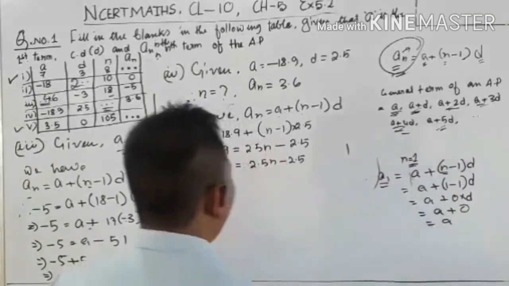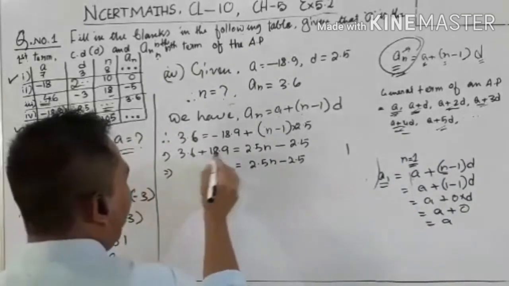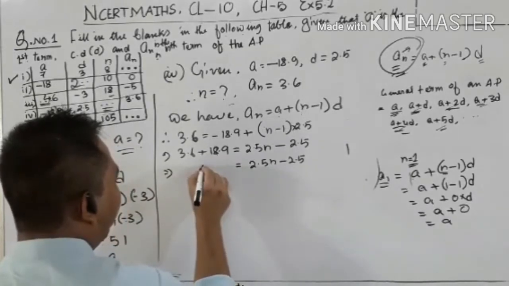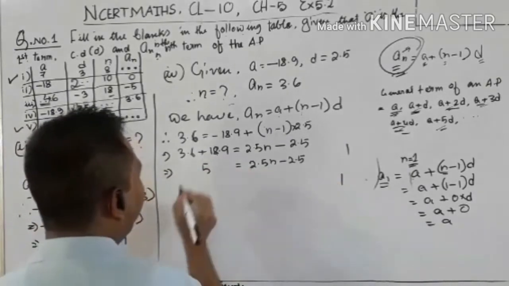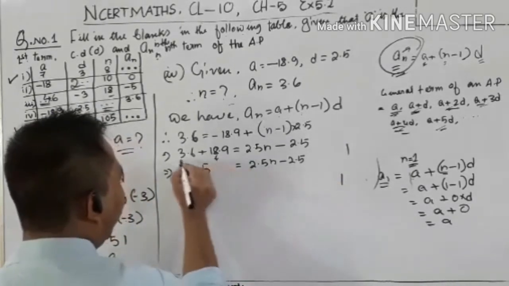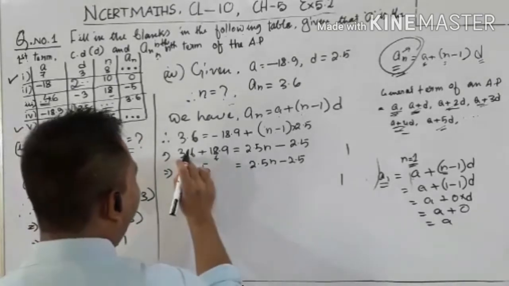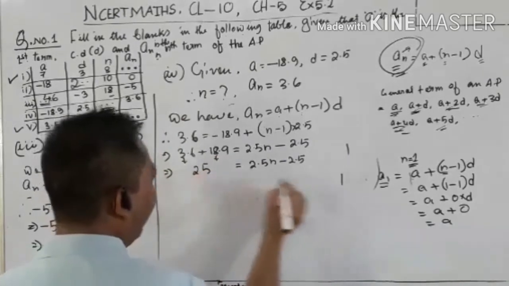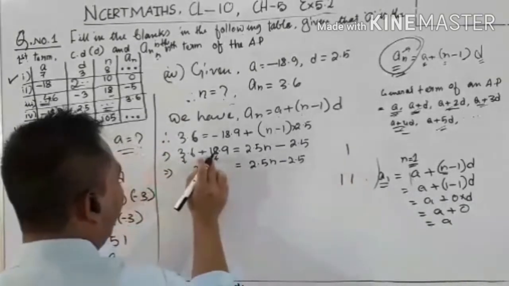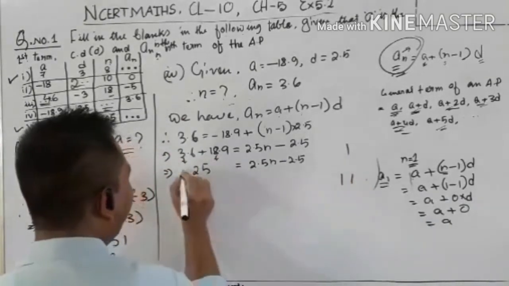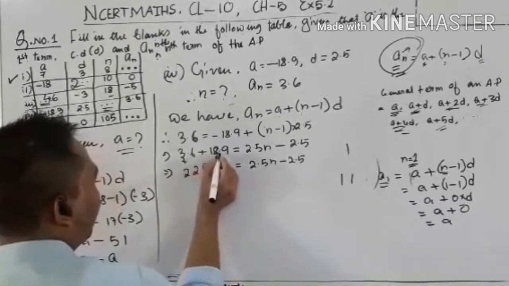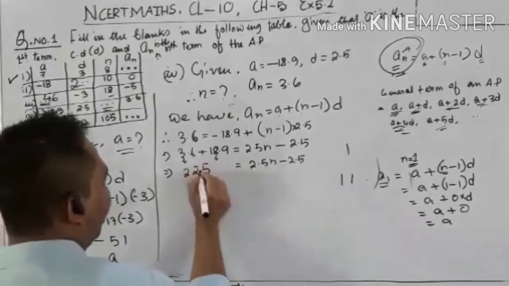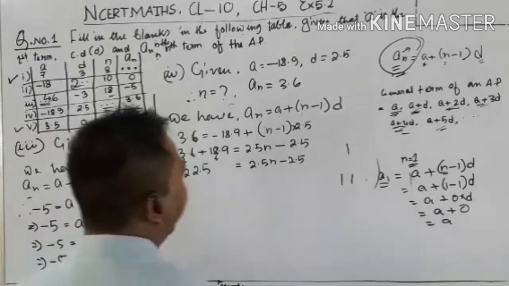Okay, fine. So here 6 plus 9 is 5, 1 in hand, correct? 3 plus 8 is 11, then 12, 1 in hand. So what is here? 1 plus 1, that is 2. Before how many digits will the decimal come? Before 1 digit, right? Okay, fine.